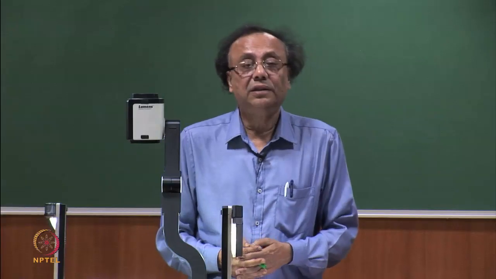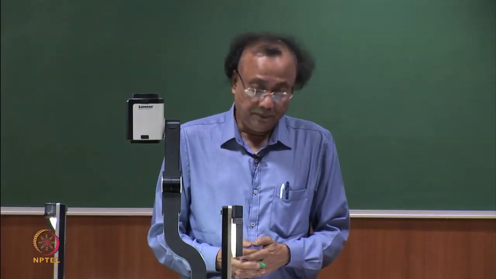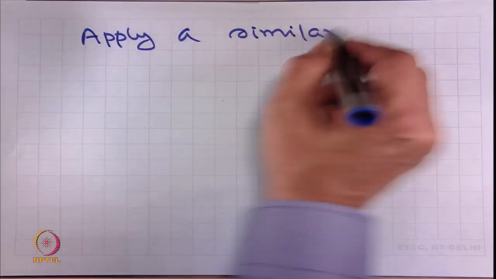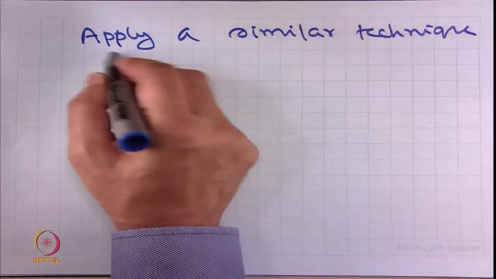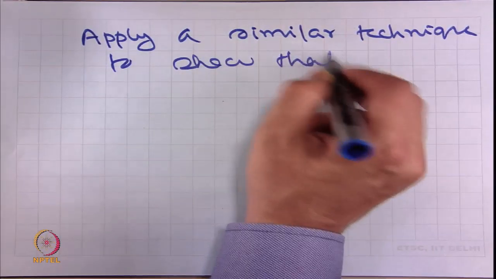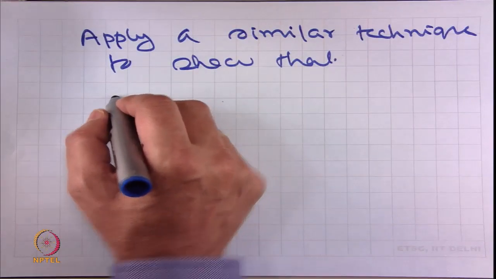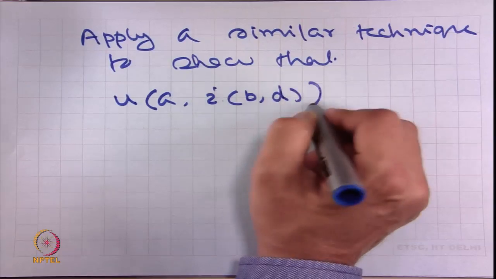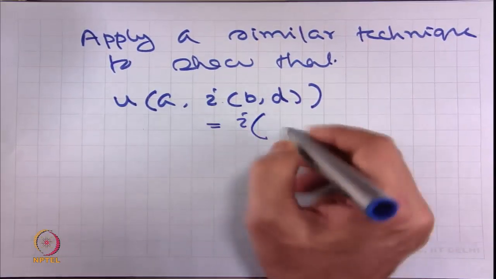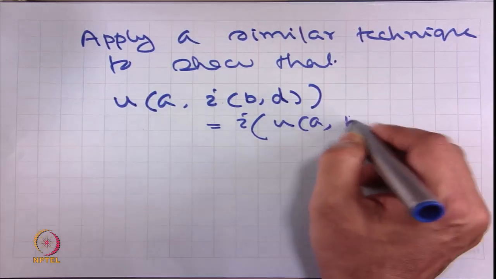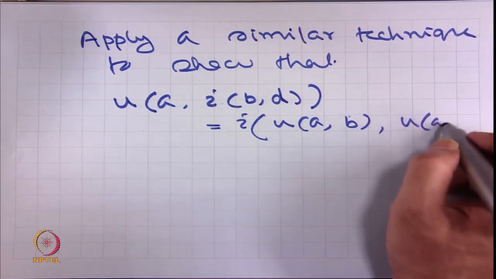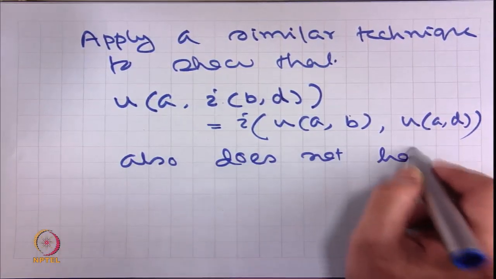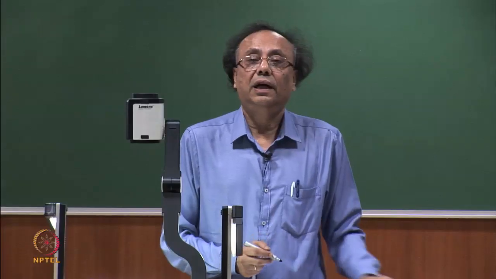A very similar contradiction we will get if we consider the other distributive law, that is, apply a similar technique to show that U of A comma I of B comma D equal to I of U of A comma B, U of A comma D also does not hold. I leave that as an exercise.